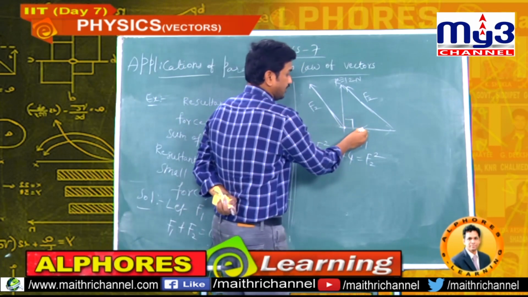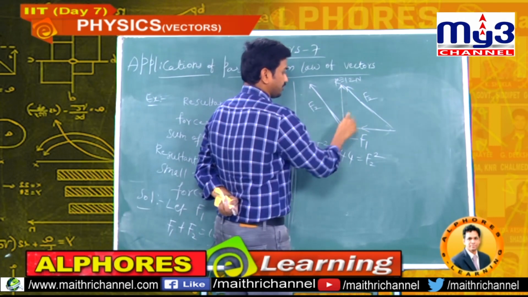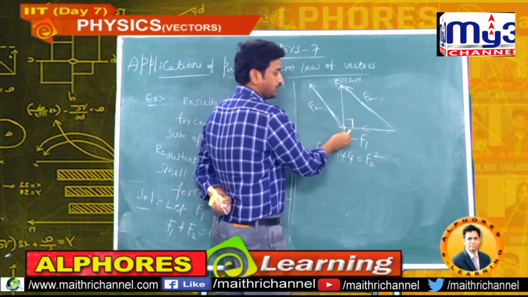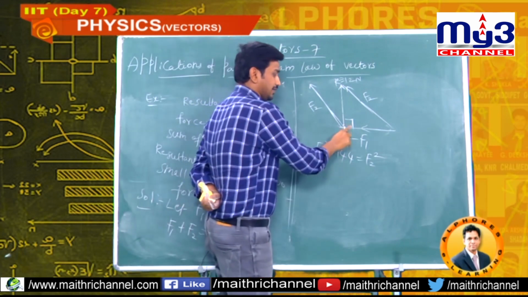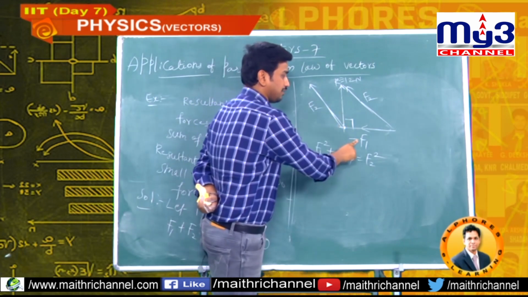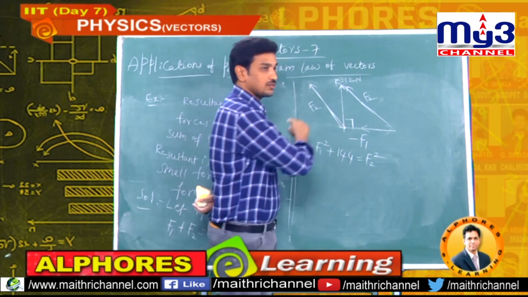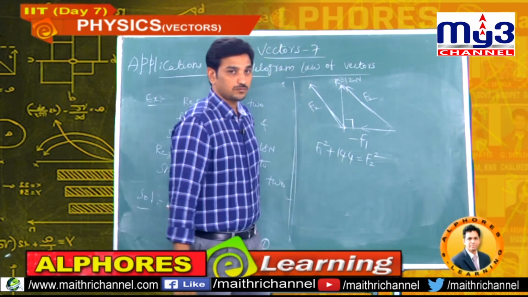See here, this head is connected to the tail of R. We are adding these two. The resultant of these two is minus F1 bar plus R bar. The magnitude of the resultant is root of F1 square plus 12 square.